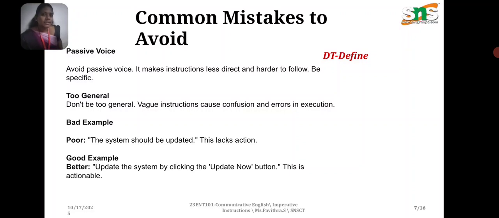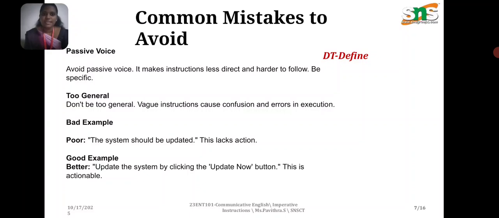And then there are some common mistakes to be avoided while constructing instructions or giving commands. First, we have to avoid passive voice. It definitely makes instructions less direct and harder to follow. And it should not be too general, as that creates clumsiness.